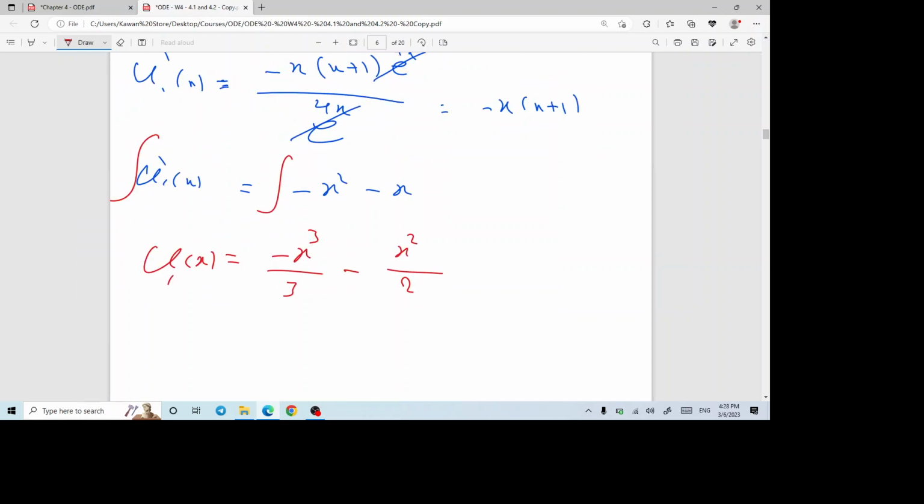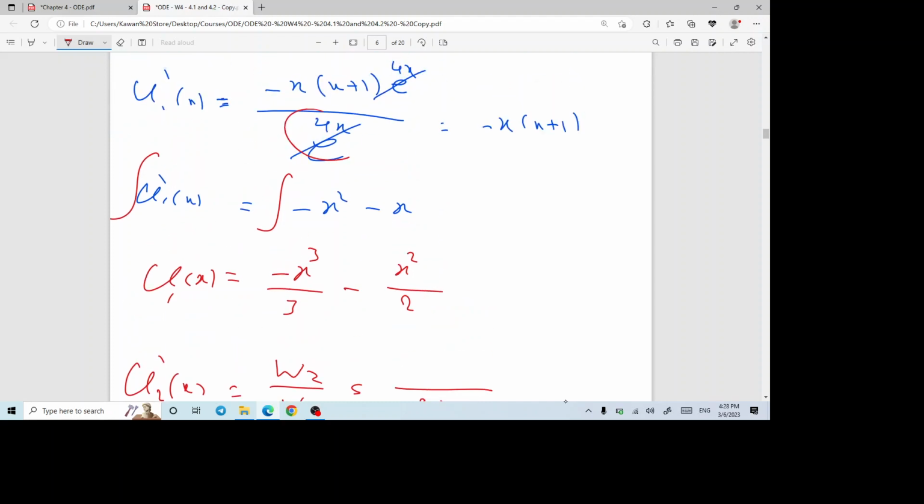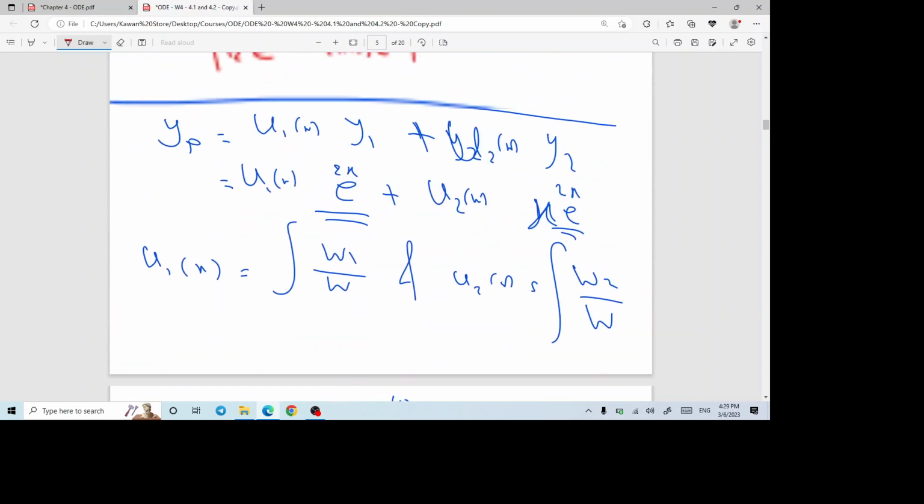How about u2? Of course, u2 prime is equal to w2 over w, which is equal to e to the power 4x. How about w2? No, w. Yes, W. So where's the w2?